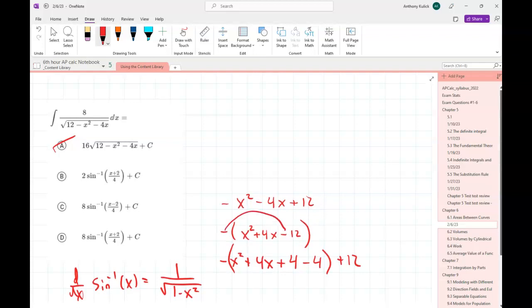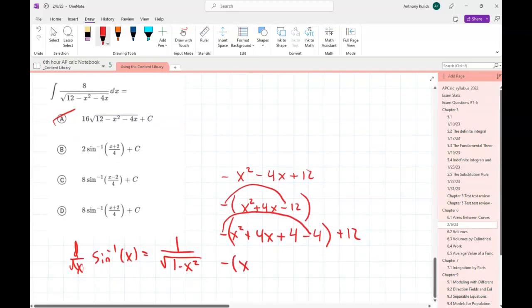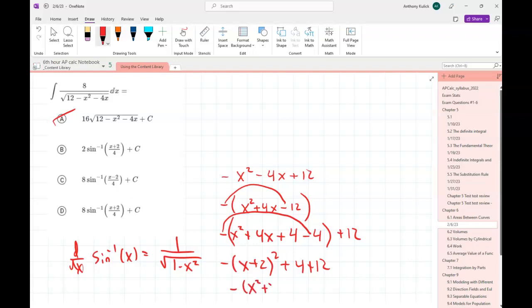But in doing that, I'm going to distribute the negative sign to it. That's why it's a plus 12. And then I'm going to boot out also the negative 4. So I have that.